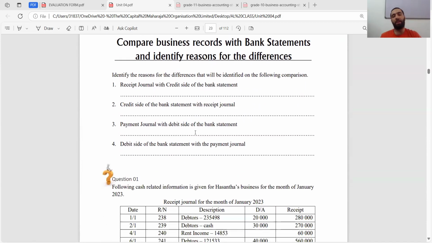Compare the company business records with bank statements and identify reasons for differences. Okay, so under this, give me a second.